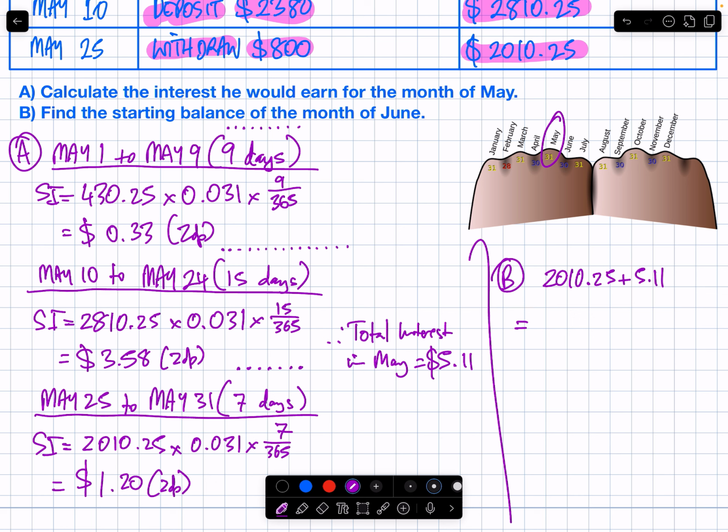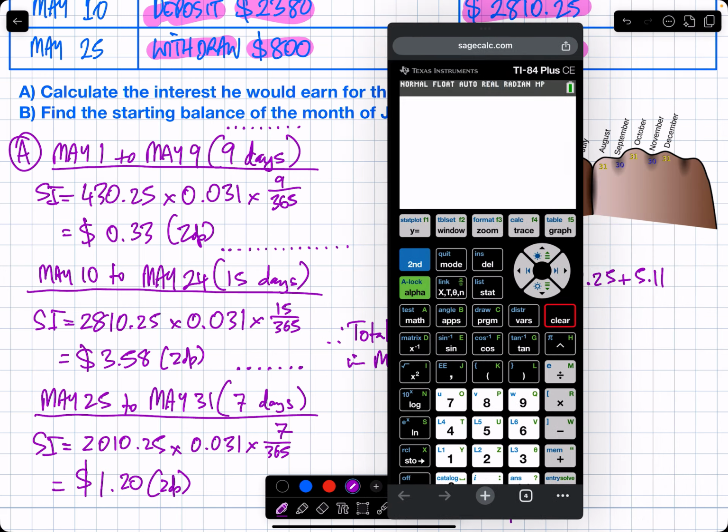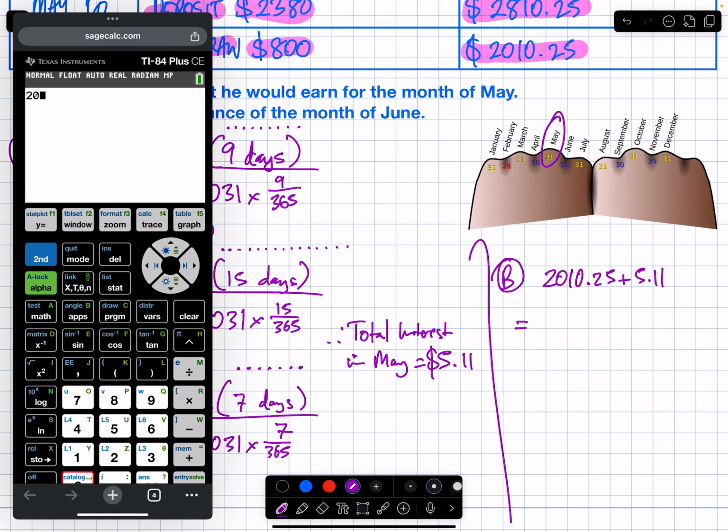So that totals $2010.25 plus $5.11, $2015.36 at start of June.